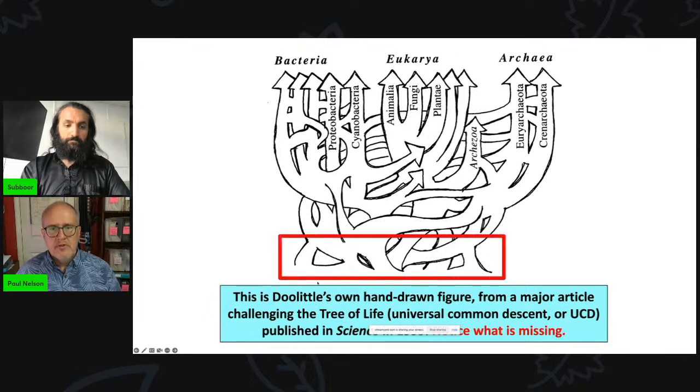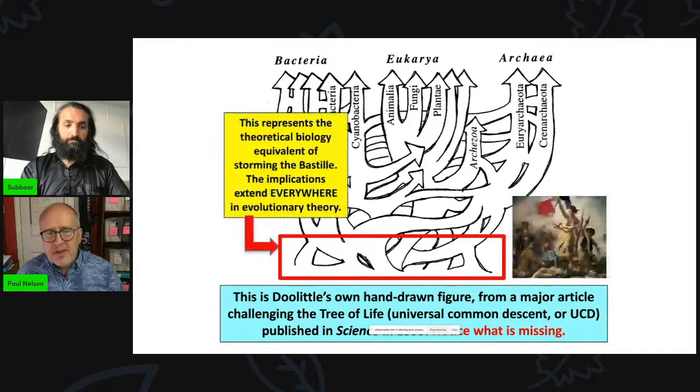It's gone. Well, you can think of this as the theoretical biology equivalent of storming the Bastille, because the implications extend everywhere within evolutionary theory. And I'll tell you, if you think about this carefully and reflect on it, once you get rid of LUCA at the base of the tree of life, the fracturing begins to extend upwards into the branches, and it becomes impossible to stop.